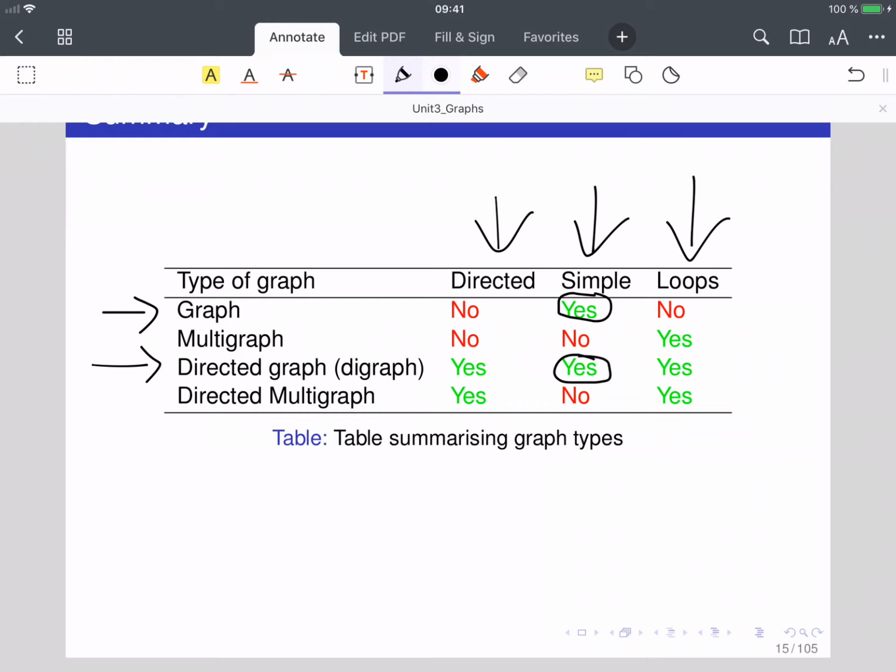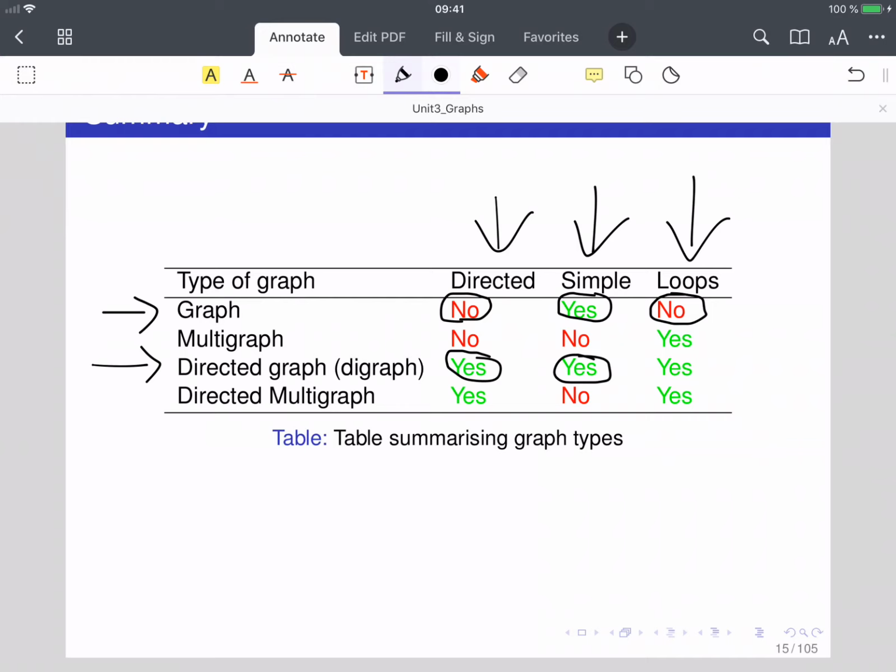And then the difference between them is that the non-directed graph is, of course, non-directed, and the directed graph is what we call the D-graph. But you can also have multigraphs and directed multigraphs, and here you can see that the only one that has no loops is the graph, or the simple undirected graph.